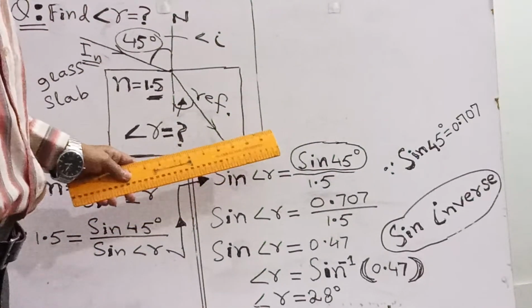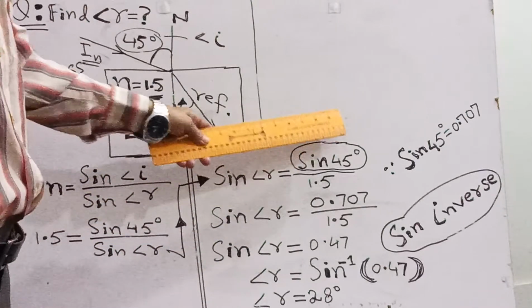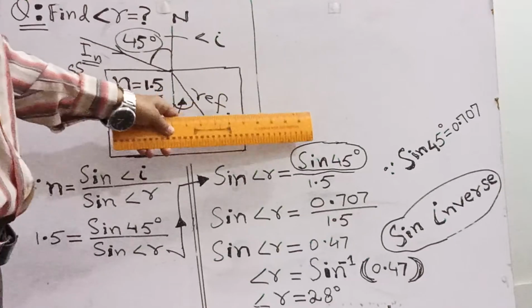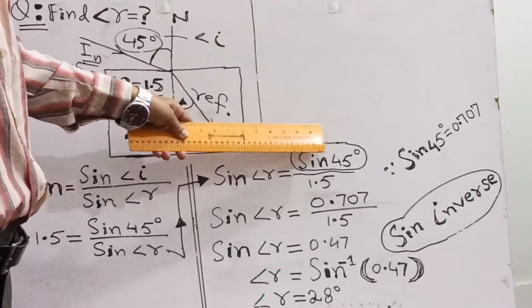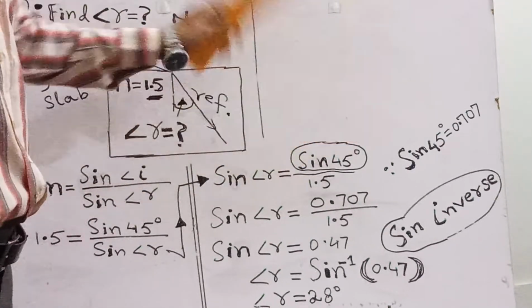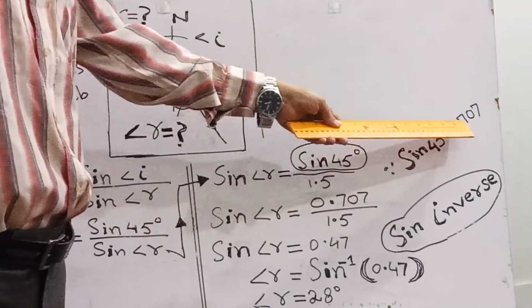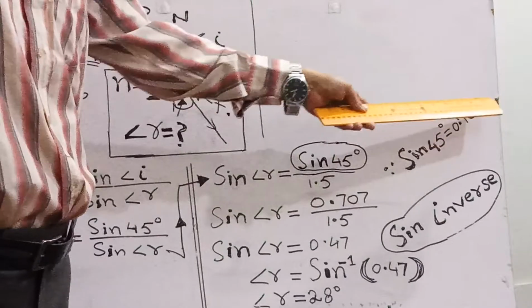Now, what is the value of sine of 45 degrees? Press the sine function button on the calculator and then press 45 degrees. Then the calculator will show sine 45 is equal to 0.707.